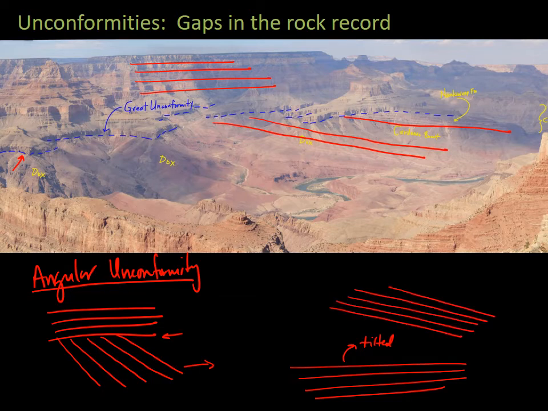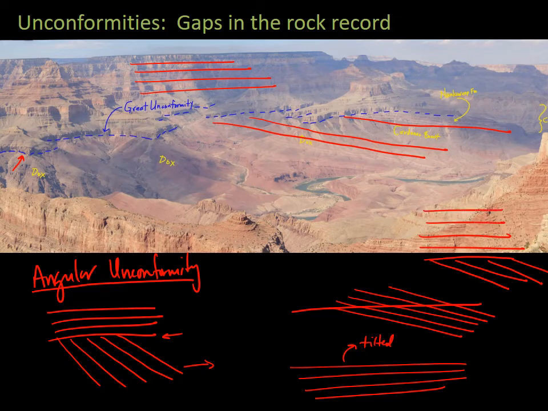And then along came erosion and flattened them. And so now we have tilted rocks which form a flat surface, on top of which the flat-lying sedimentary rocks were later deposited. So this surface here represents the time it took for these rocks to be tilted in this step, to be eroded flat in this step, before the flat-lying rocks could be deposited.